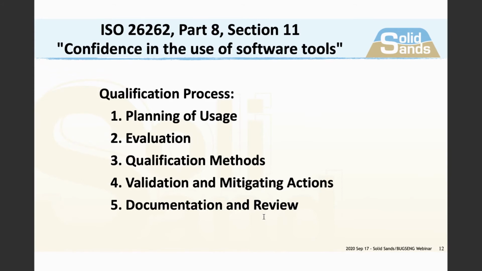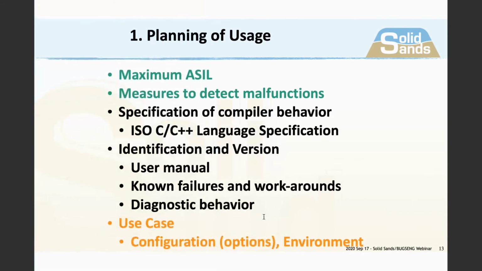So step 1, the planning of the usage of the compiler. You have to define the maximum ASIL levels. You also have to identify what kind of measures are already in place to detect malfunctions of the compiler. It is not by default the case that if you have good application testing in place, it is sufficient for compiler testing as well.